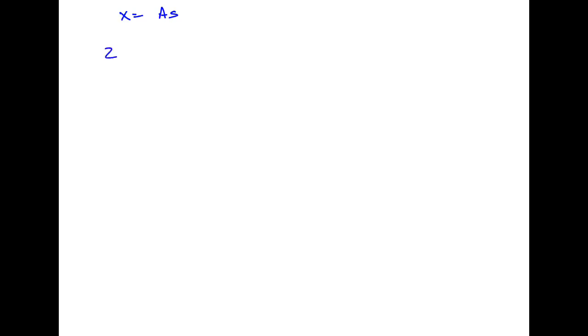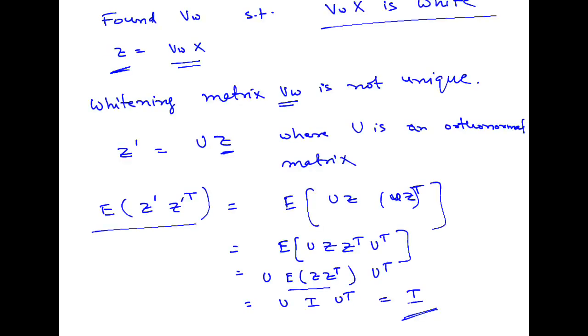This means I get z equal to the whitening matrix times x, which is V W times A times S. And this V W may not be A inverse, right?